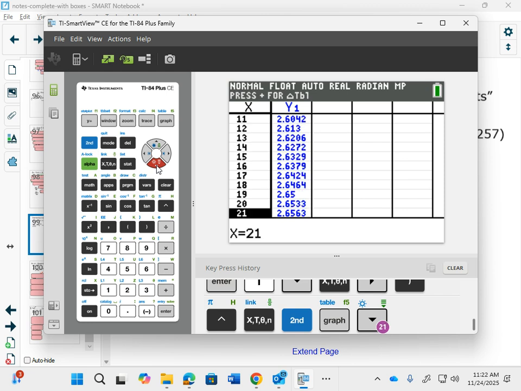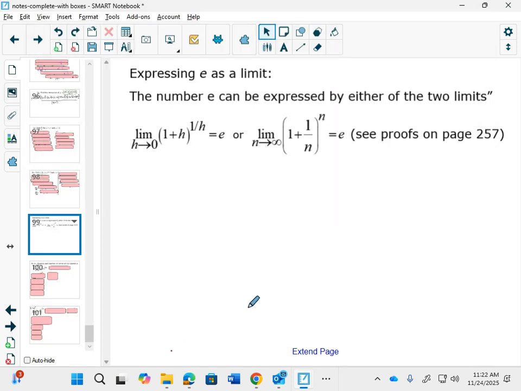They seem to keep increasing. And it's getting closer and closer to 2.7, which is e. The formal proofs are in your textbook. Check them out, page 257.